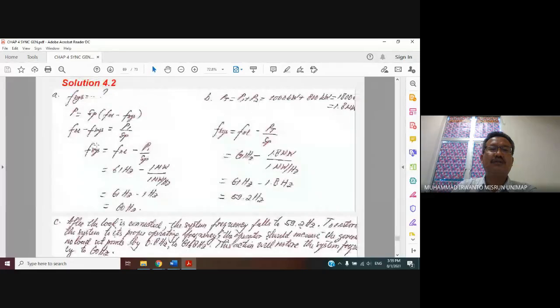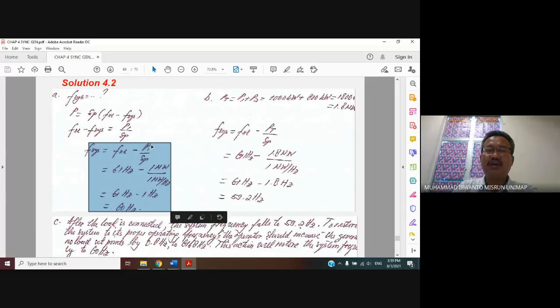So frequency system is equal to no load frequency 61 minus the load capacity of the generator, 1 megawatt, divided by slope of the power frequency, 1 megawatt per hertz.